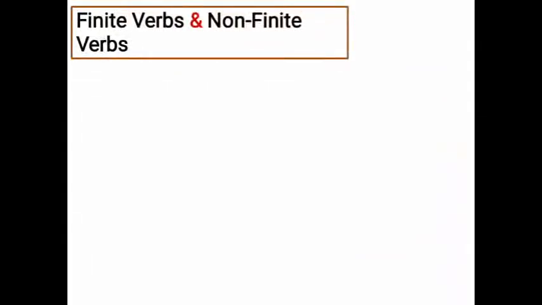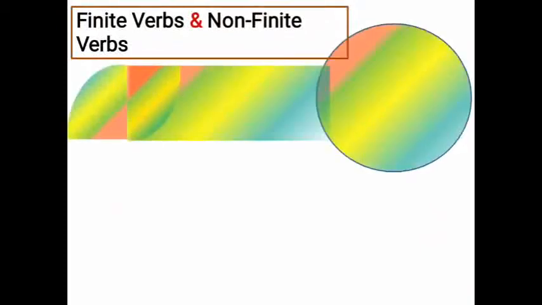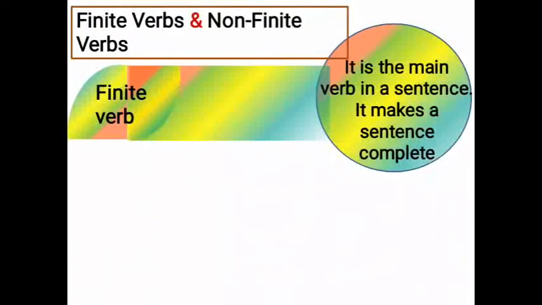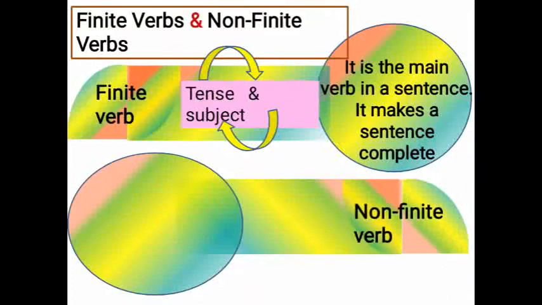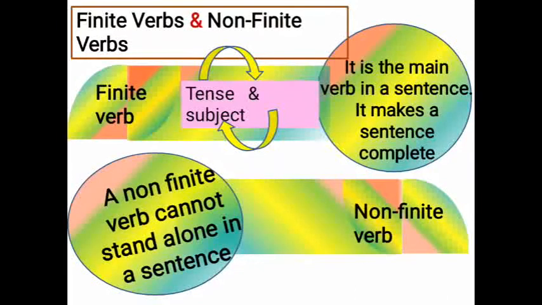So what do you mean by a finite verb and a non-finite verb? A finite verb is the main verb in a sentence and it makes a sentence complete. It changes its form according to the tense and subject, whereas a non-finite verb cannot stand alone in a sentence.